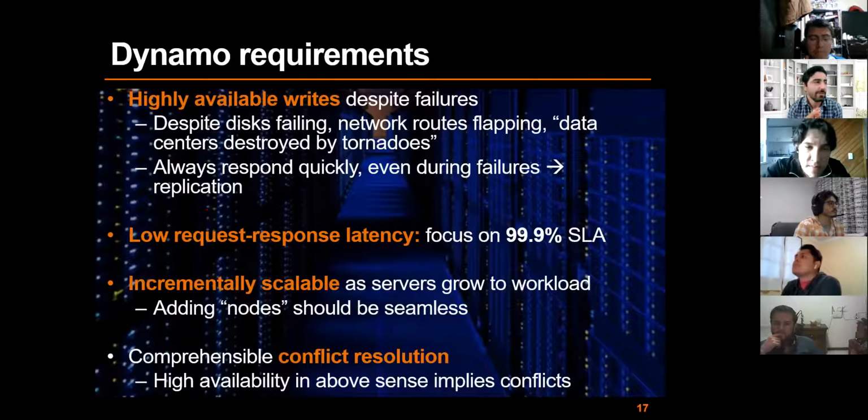The requirement for Dynamo is highly available writes despite failures. Why do you think that is? You want your users to always be able to do write tasks, because you want them to keep adding to their cart.